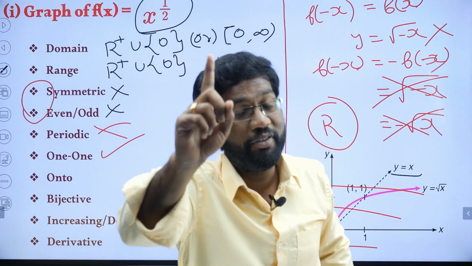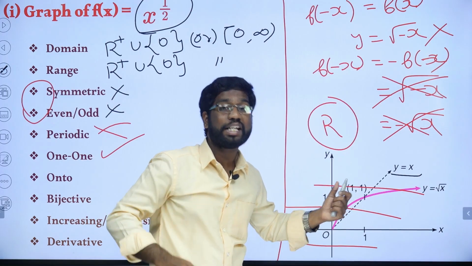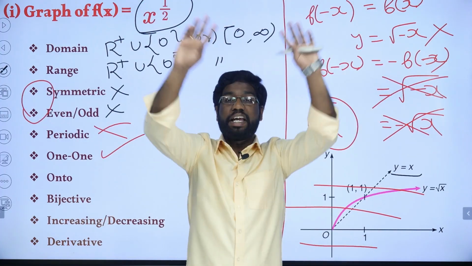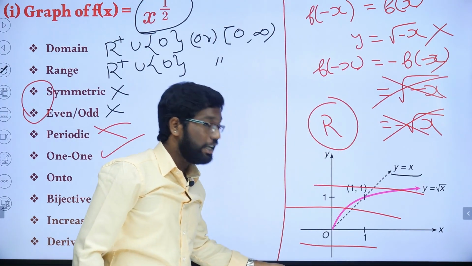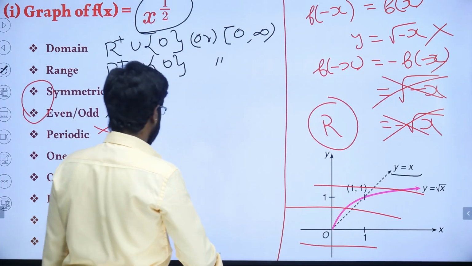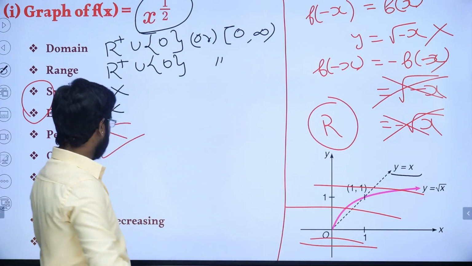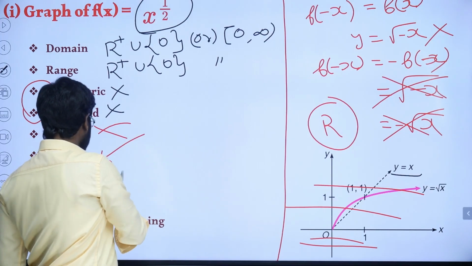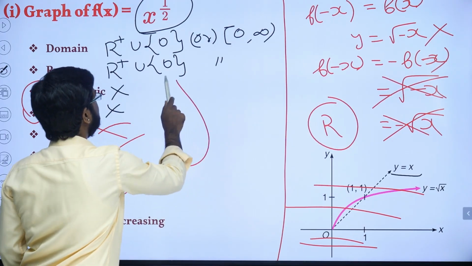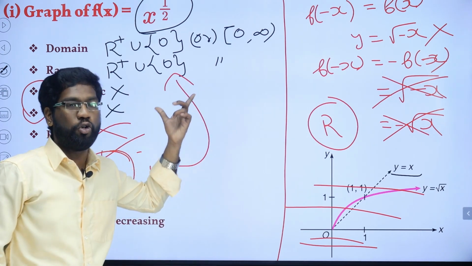So you have to be very careful. Whenever they give R as the codomain, you have to check the entire graph, the entire space. Here, for the entire space, this is not an onto function, because if I draw a line here it is not striking at all. So it is not onto for R, but it is onto for this range if I take it as the codomain.